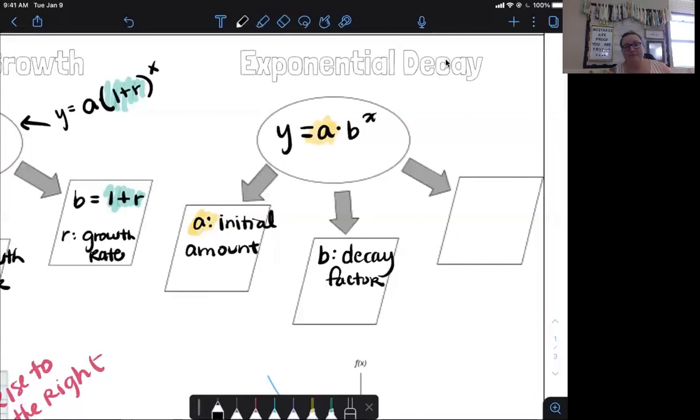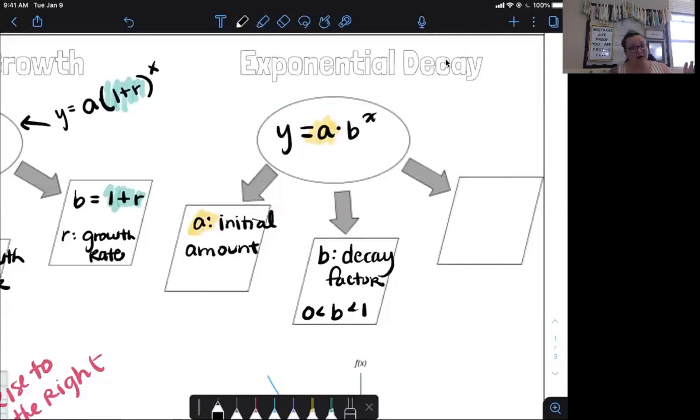And remember, if b was greater than 1, you have exponential growth. If b is equal to 1, you're not going to have any growth. So for exponential decay, your decay factor is going to be less than 1, but greater than 0.